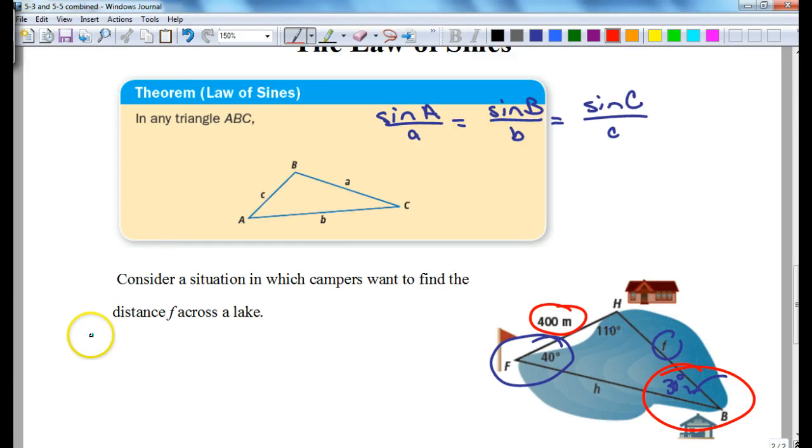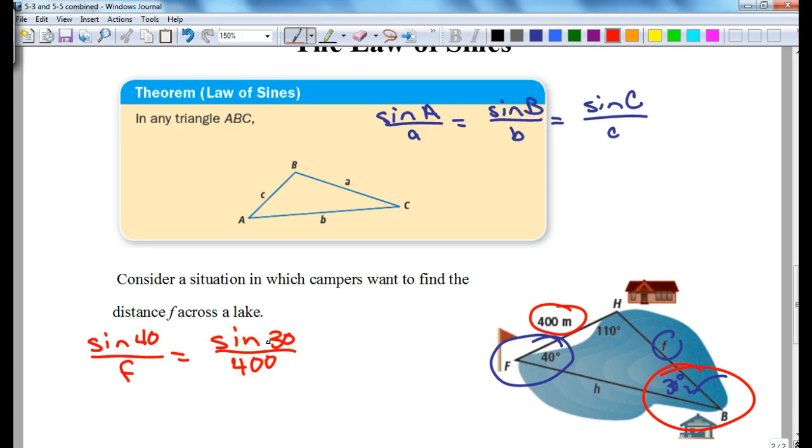So if I do sine F, oh, sorry, erase that. I'm going to do sine 40 over F equals sine, what's our other angle that we're looking at? 30 over what? 400.